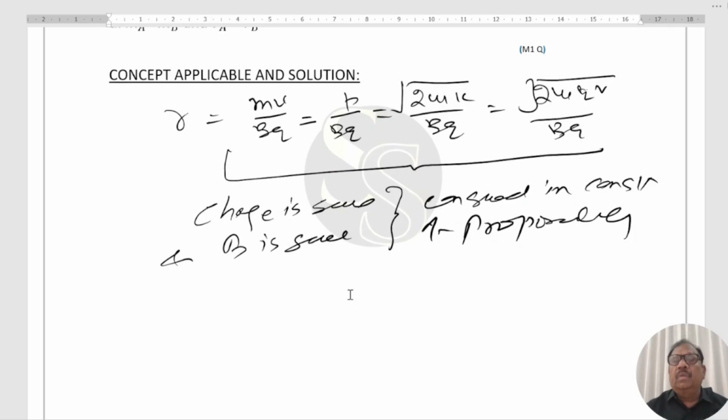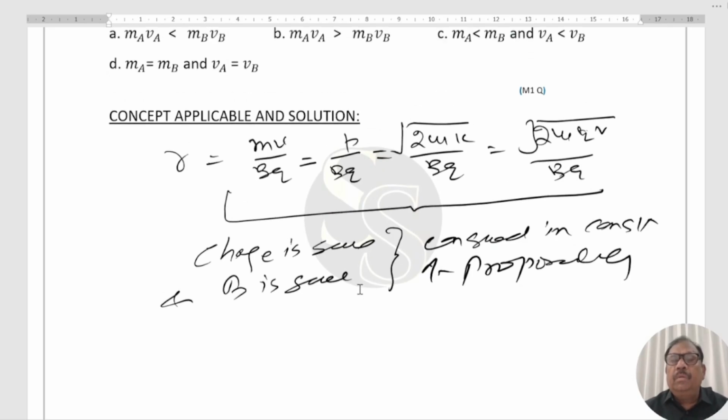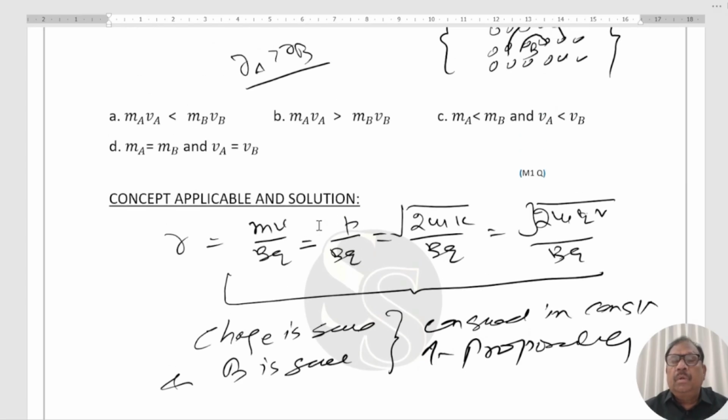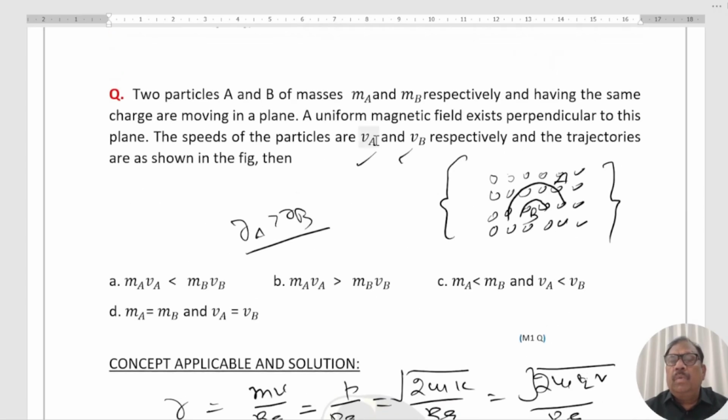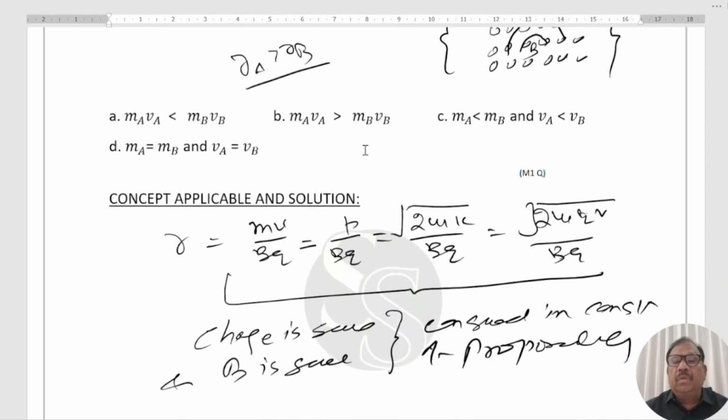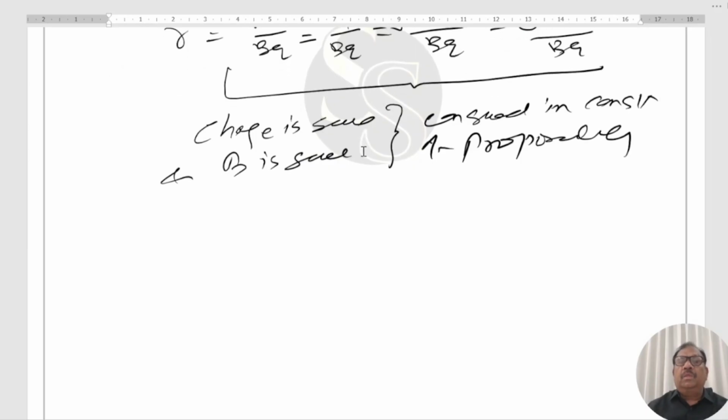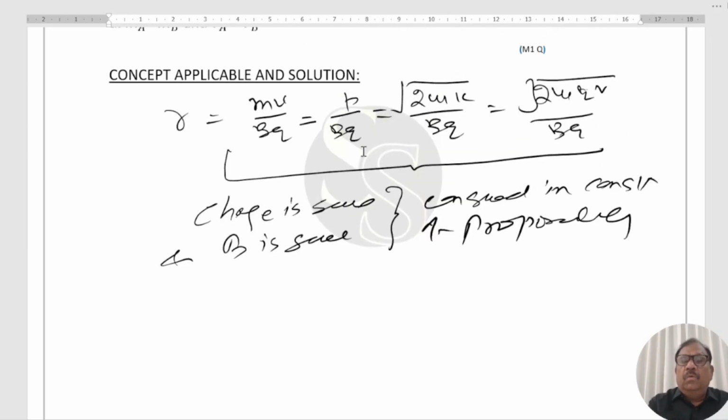Now, in this case, which will be applicable? Both have the same charge and move in a plane with uniform field perpendicular, with speeds Va and Vb, and the trajectories are shown in the figure. In this case, R equal to mv over bq.